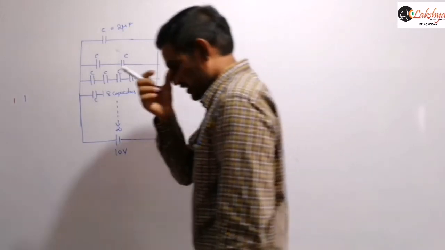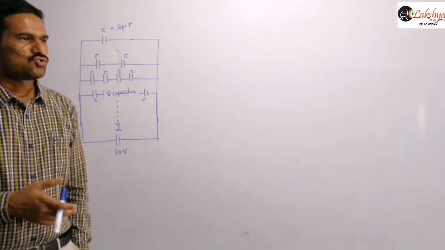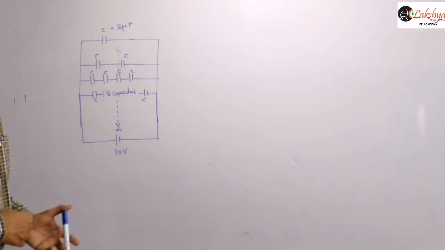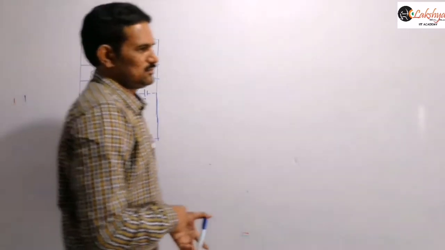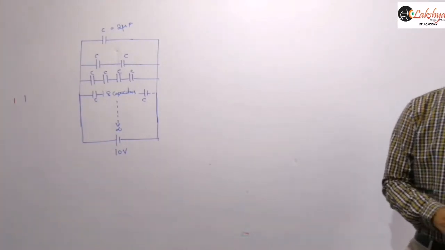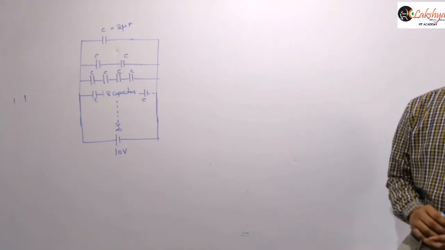The capacitance of each capacitor is 2 microfarad and the EMF of the cell is 10 volts. Then find the charge drawn from the cell.